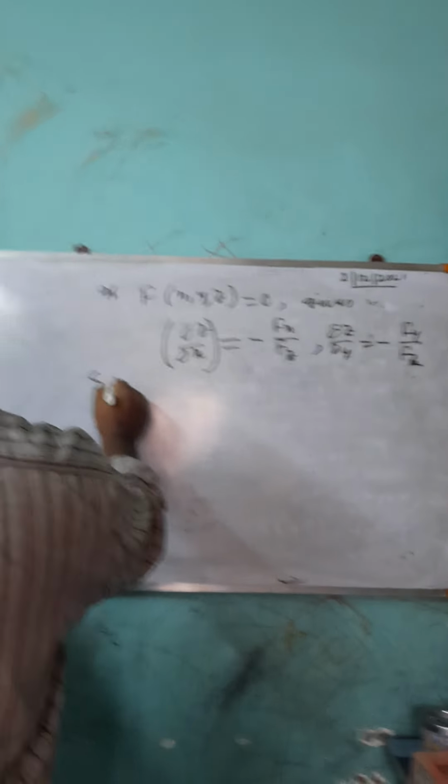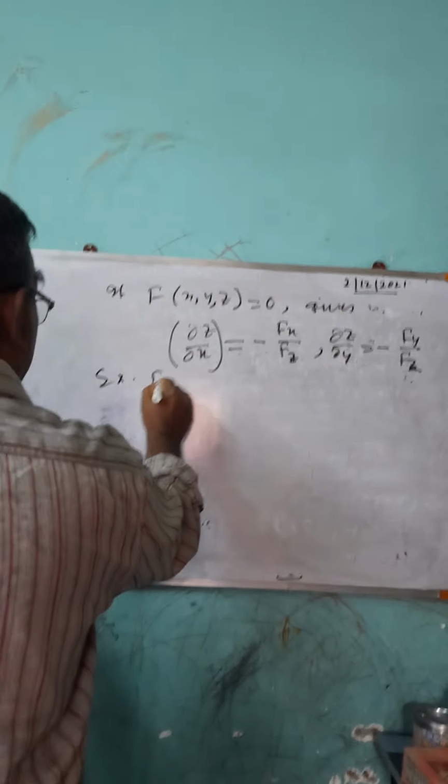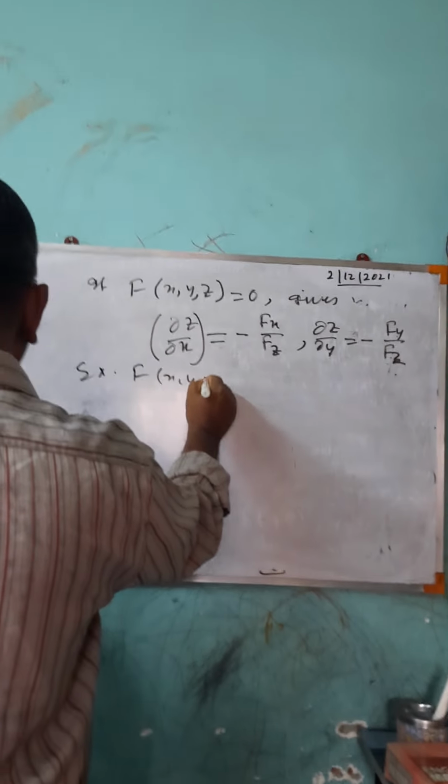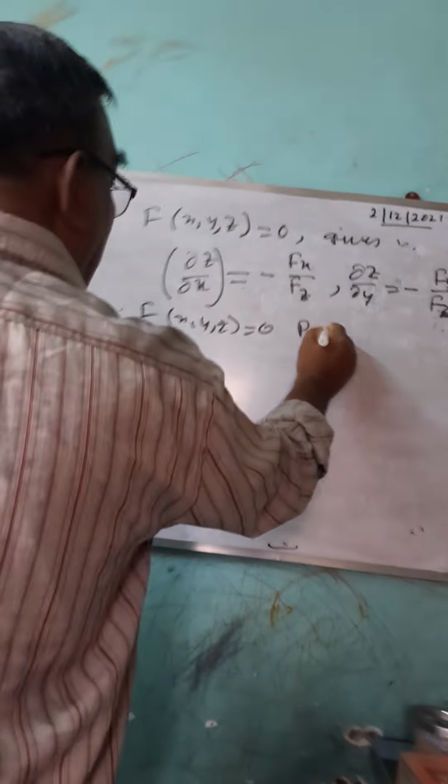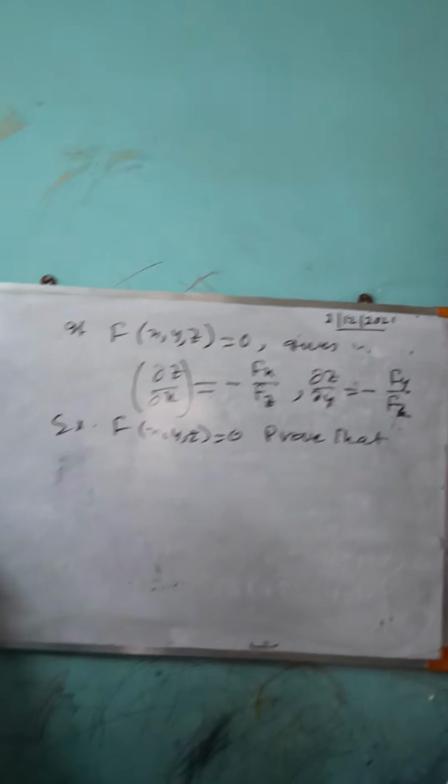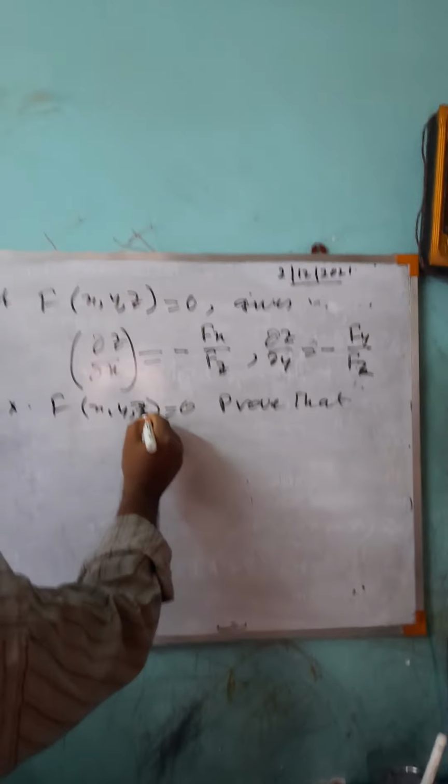Now a sum, that is an example: if f(x,y,z) is equal to 0, prove that (del x by del y) with z constant, into (del y by del z) with x constant, into (del z by del x) with y constant, is equal to minus 1. Very important sum. This sum came so many times in the university exam.